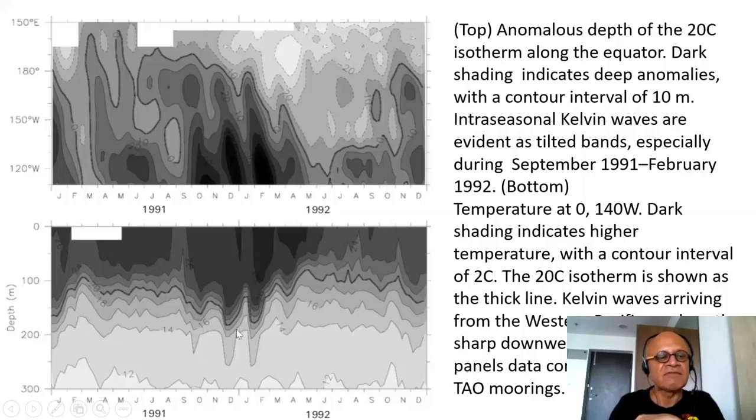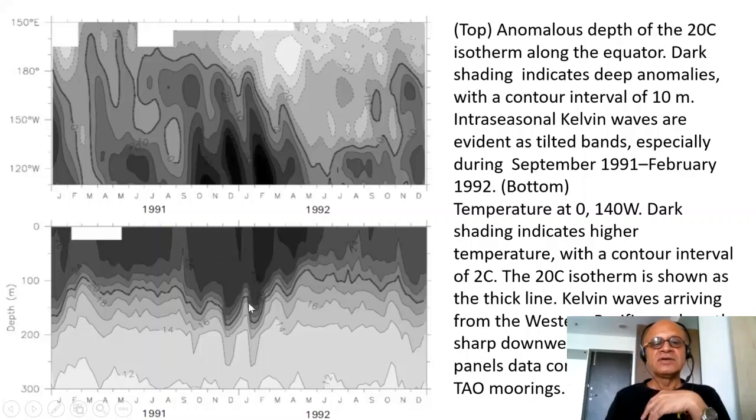So here is the sea level anomaly again, looking at 0 degree 140 west, so equator and 140 west, which is somewhere here. So we're taking a section here, showing time and depth along that longitude. And here you can see the arrival of the Kelvin waves appearing in the 20 degree isotherm, which is what we are showing here.